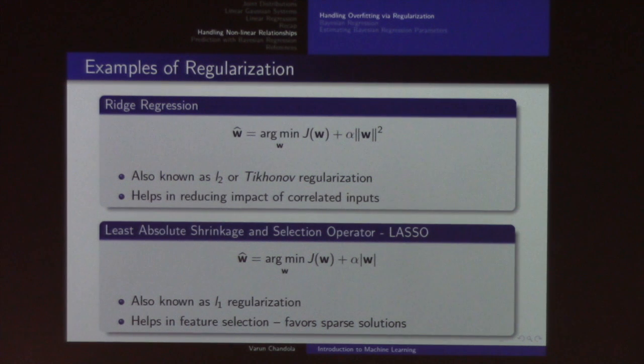It was devised by Tibshirani and Hastie, these people in the Stanford Statistics Department. The one nice thing about lasso is that besides controlling for complexity, it also does feature selection. We'll come to why that is so. Because of that property, this is a very highly used regularizer, or regression method.